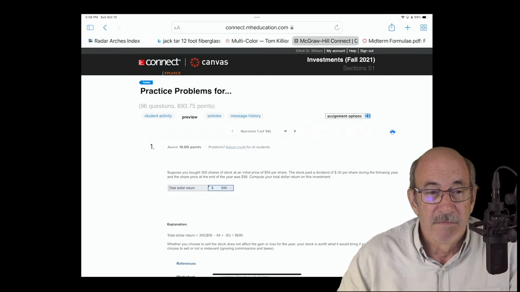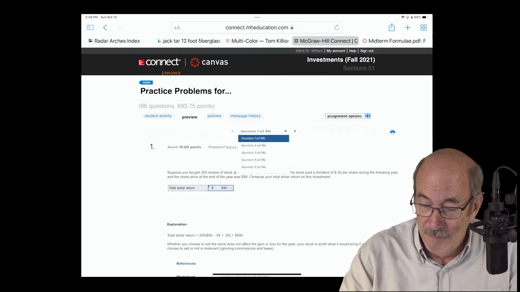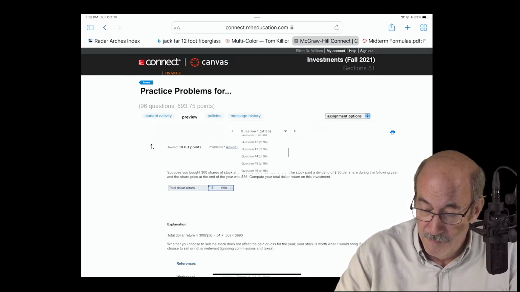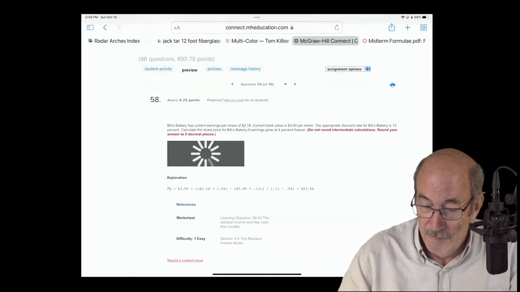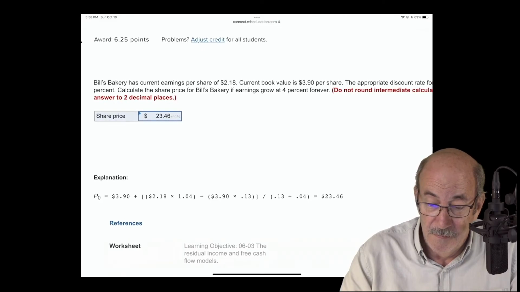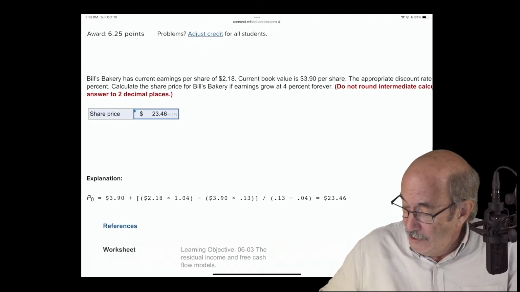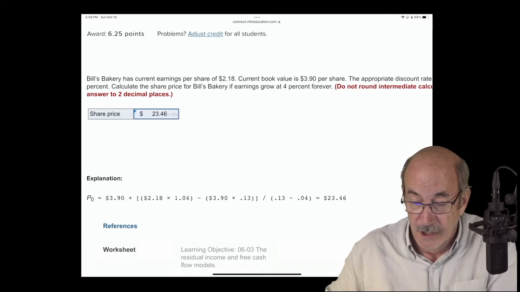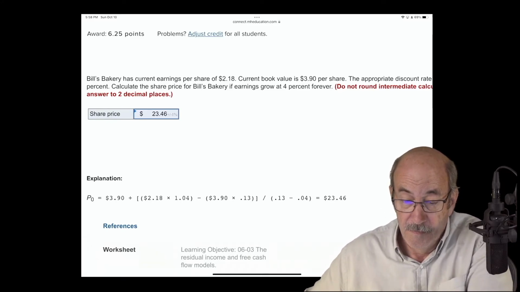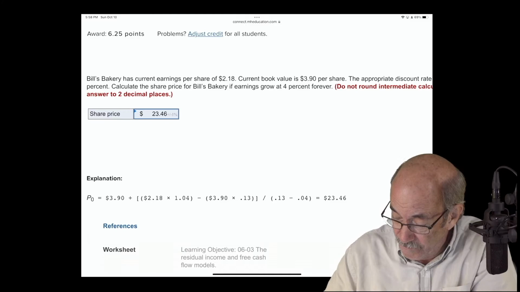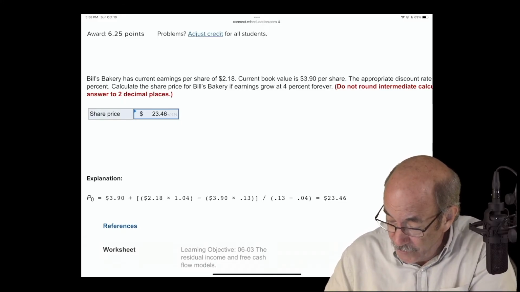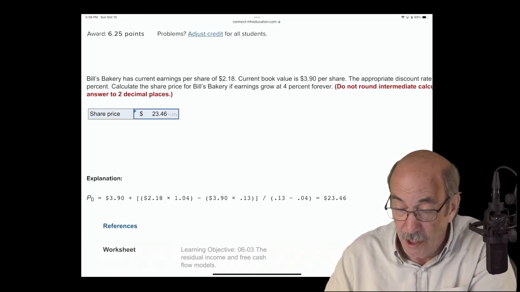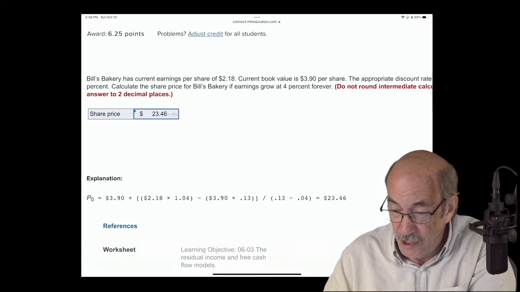Could you, Carrie, go over number 58? It's about the residual income model. Sure. Bill's Bakery has current earnings per share, EPS, of $2.18, and current book value per share of $3.90.